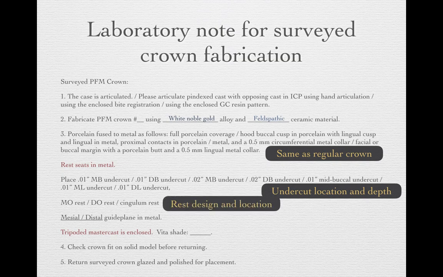And also you have to mention the rest seat design and location. The last one will be the guide point locations. So you have to provide those details to the lab technician so they can use your info to make a survey crown followed by your instruction.